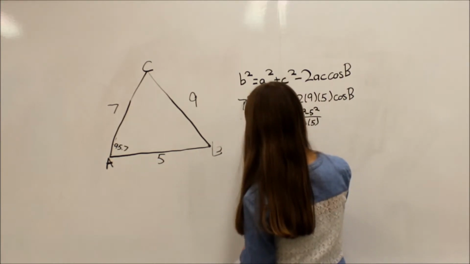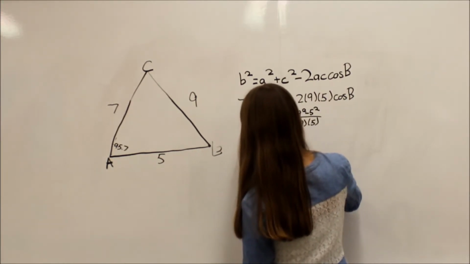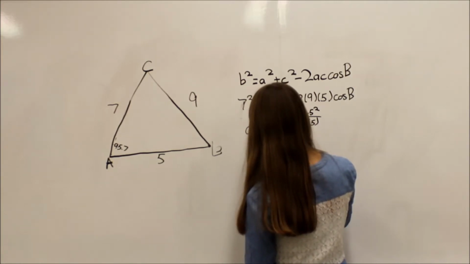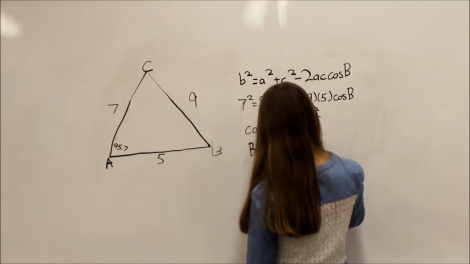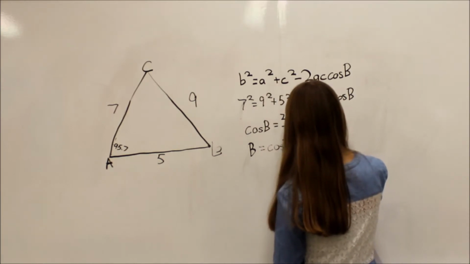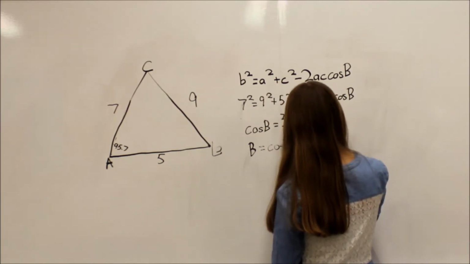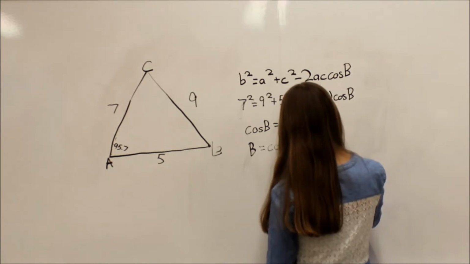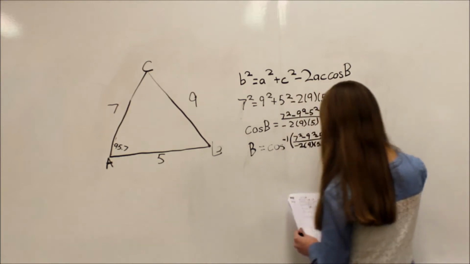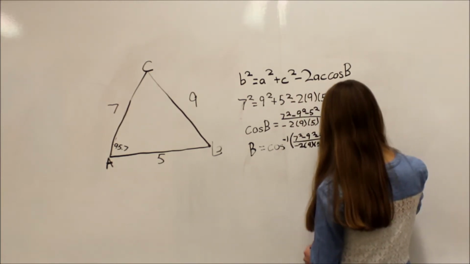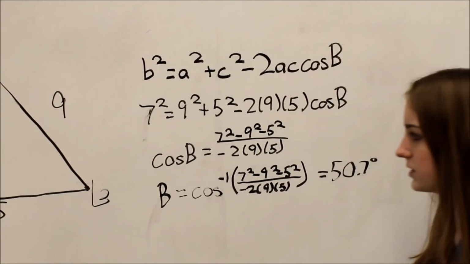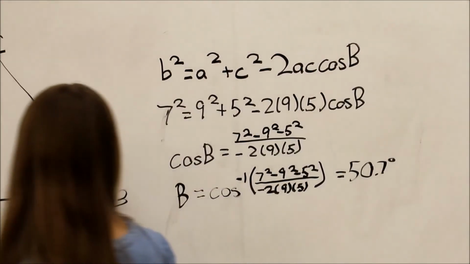And then you put that in the calculator for the inverse cosine, or cosine negative 1. And you would get about 50.7 degrees. So that angle B is 50.7.